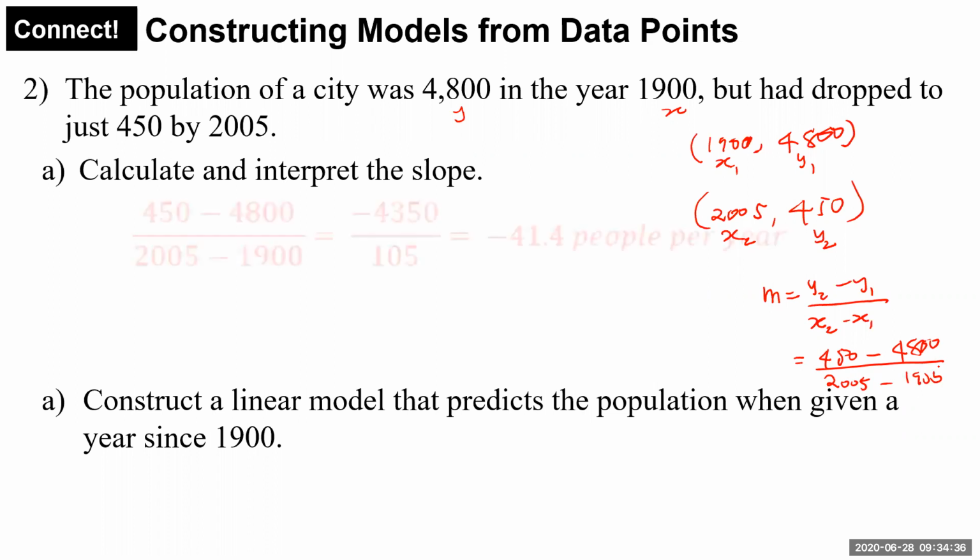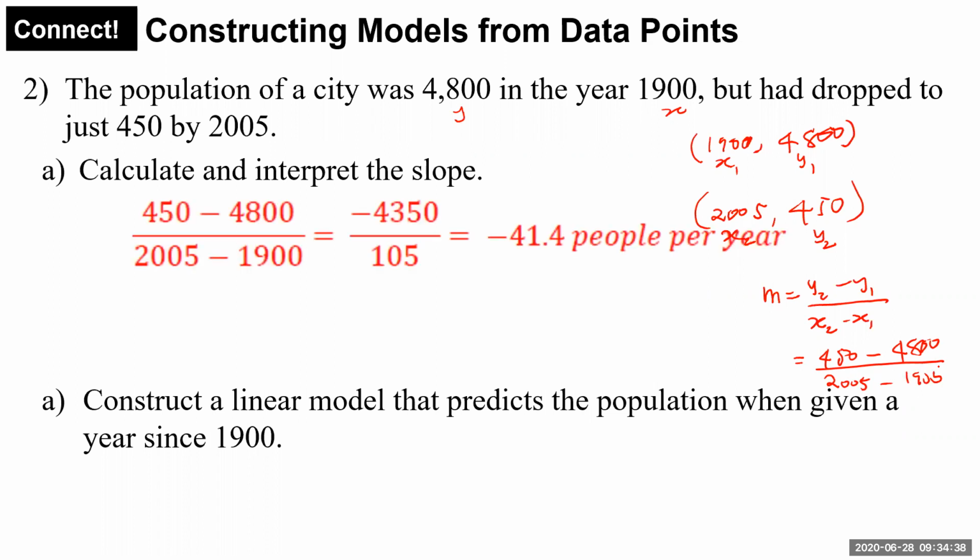Now when you simplify that, that will give you minus 41.4 people per year. Make sense? Right, so that is your slope right there.